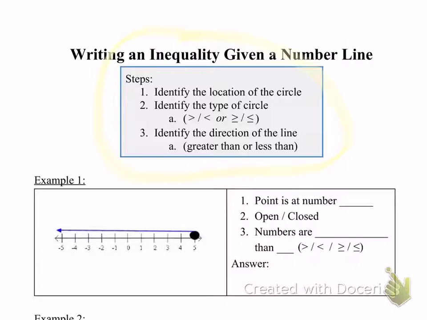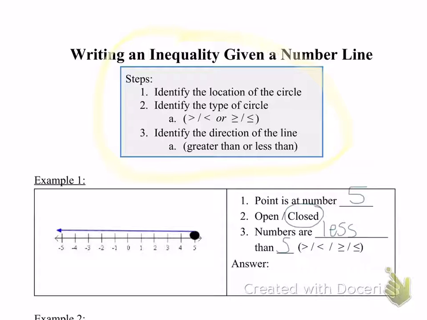So, example number 1. The point is at 5, so that's what we're going to fill in here. And it is a closed circle. The numbers 4, 3, 2, 1 are all less than 5.